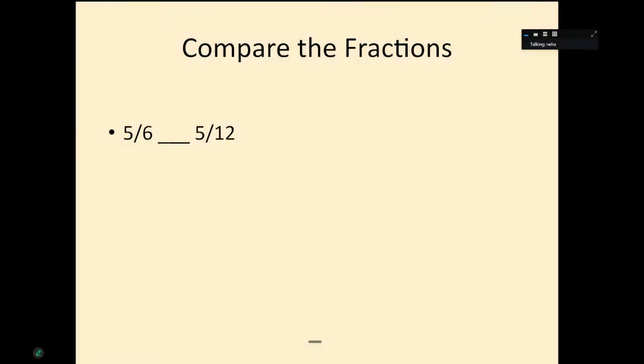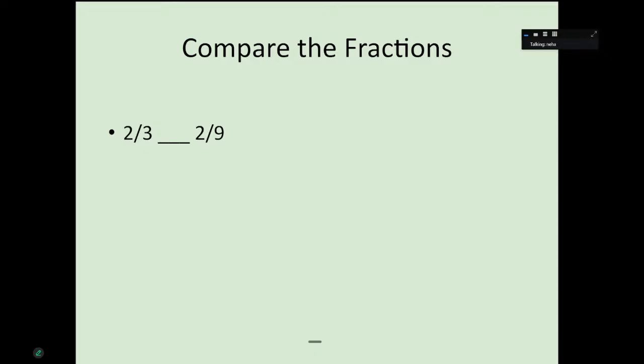And in here too, both the numerators are the same, and 6 and 12 are the denominators, which means since 6 is the smallest number in the denominator, then it will have to be the greatest fraction.